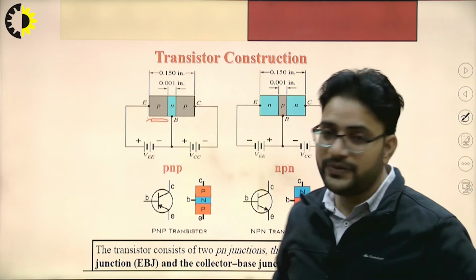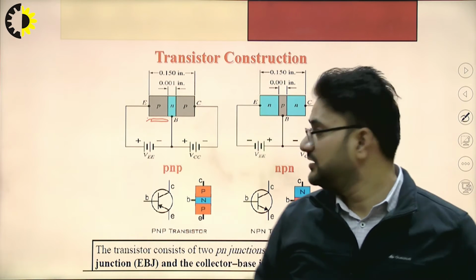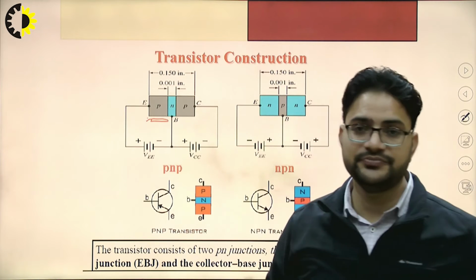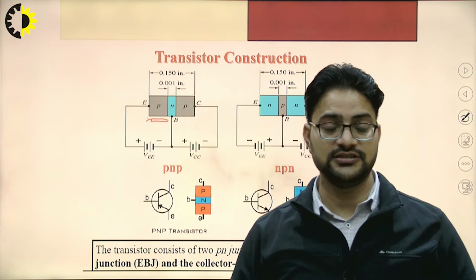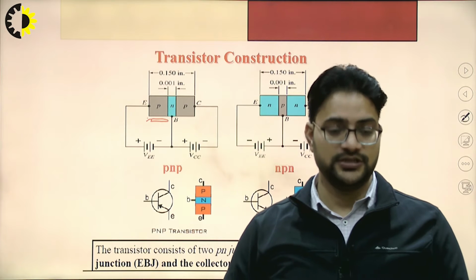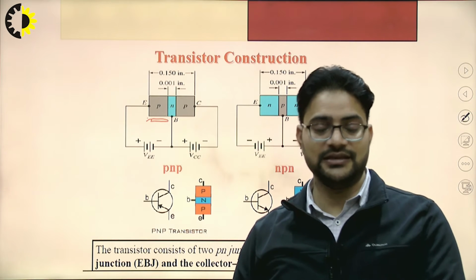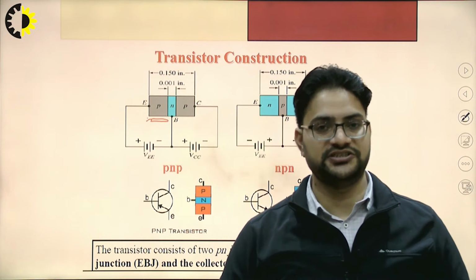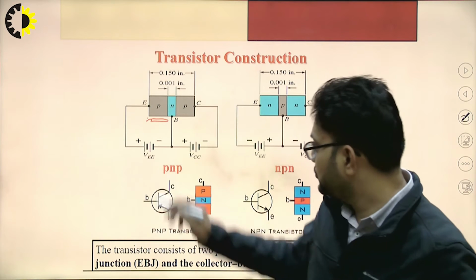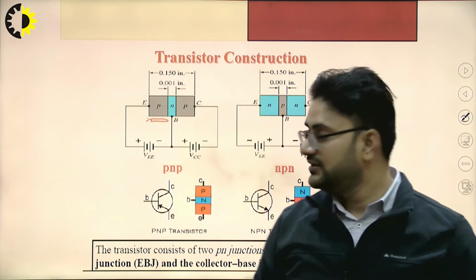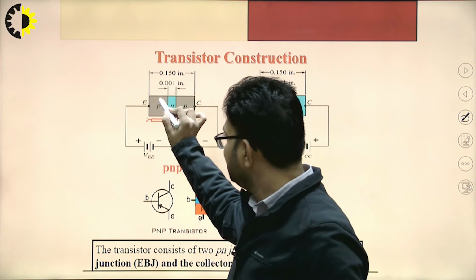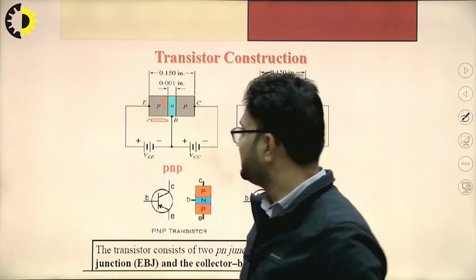Talking about the doping concentration, the emitter side has the largest doping concentration. Why? It can emit a large number of majority charge carriers, right? So the doping concentration of the emitter side is very large, so I can write it as P plus.